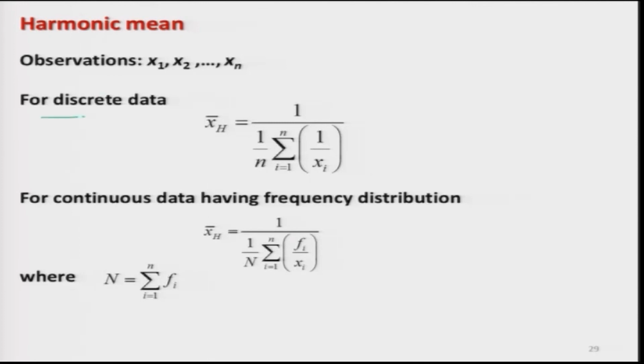Now, after this I will come to the last topic on the measure of central tendency, that is the harmonic mean. So, the harmonic mean is also defined for group data and ungrouped data. For a discrete data, the harmonic mean is defined as x bar h, which is equal to 1 upon n times the summation of 1 over xi, all inverted.